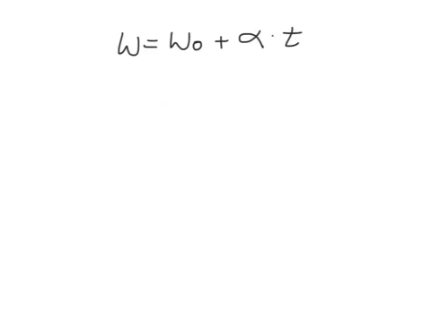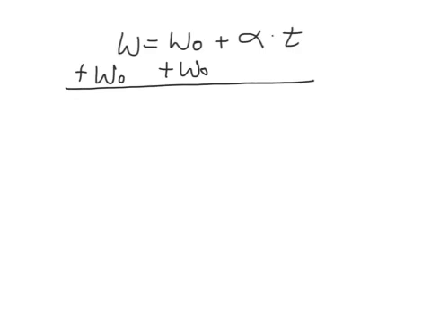So we're going to start with this equation for the angular velocity as a function of the initial angular velocity, the angular acceleration, and the time. And we're just going to do a little algebra. We're going to add omega naught to both sides. Right, and we're going to write down the sum, and this gives us omega plus omega naught on the left-hand side is equal to 2 omega naught plus alpha times time.